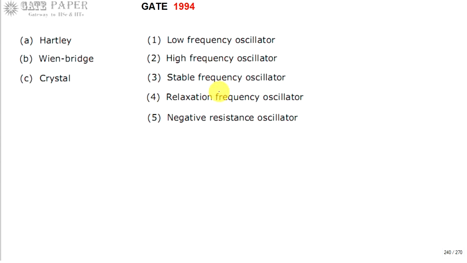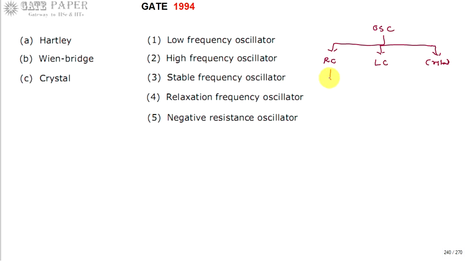So one thing we must remember, whenever we are going for oscillators, they are going to be of three types based on the components used. They can be treated as RC oscillator, LC oscillator, or crystal oscillator.